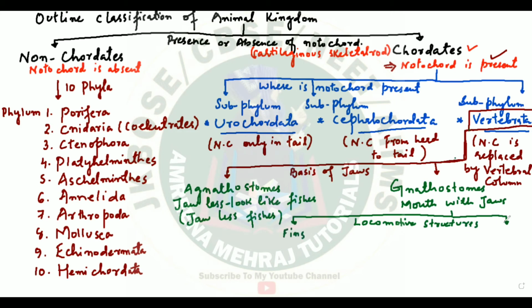Either they will have fins for locomotion or they will have limbs for locomotion. If they have fins for locomotion, you will call this group Pisces.